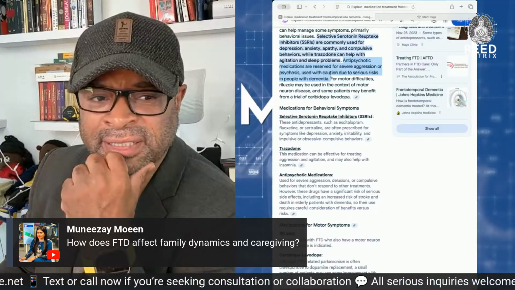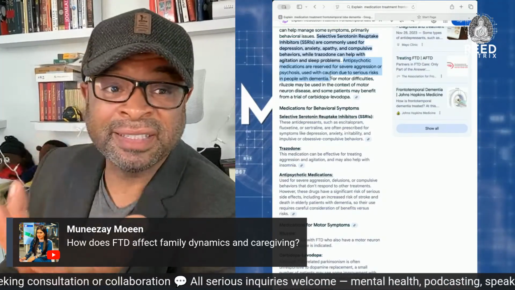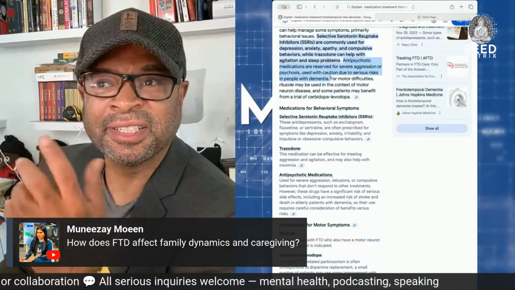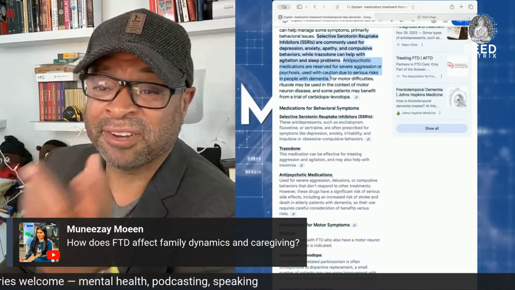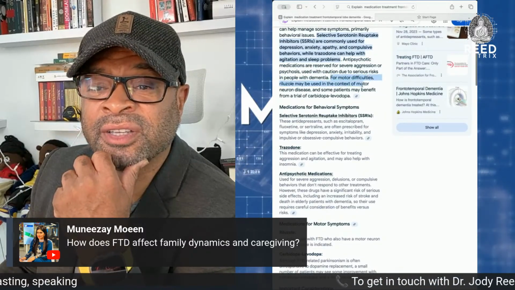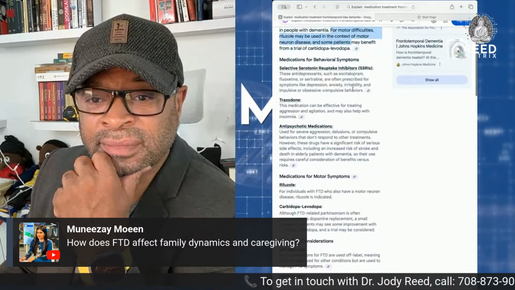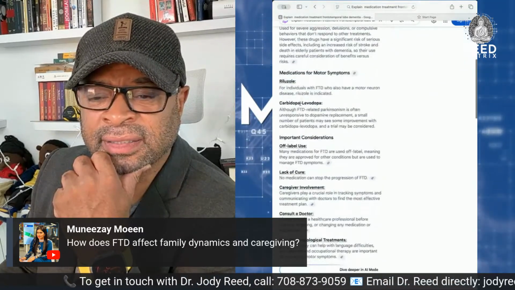You don't want to be placing patients with dementia on antipsychotics if they really don't need to be. This is a dementia, not a psychotic disorder, so antipsychotic medications are not absolutely necessary. For motor difficulties, you can use other things. SSRIs, trazodone, antipsychotics.